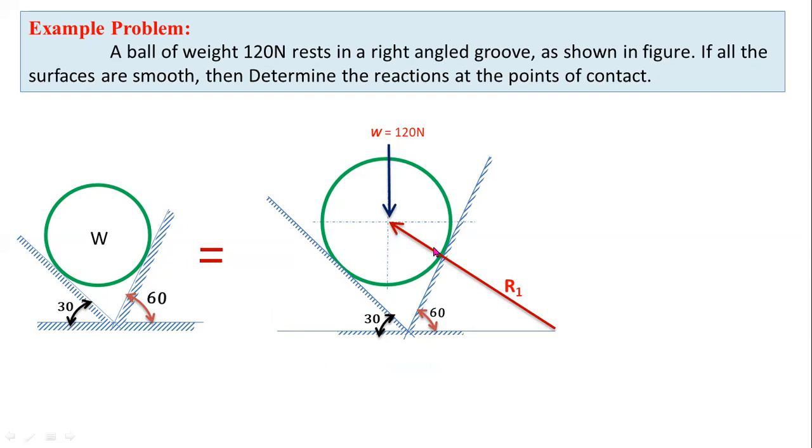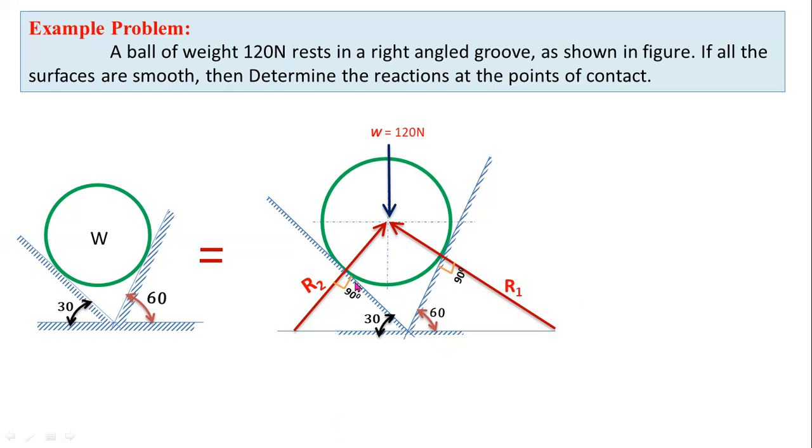This reaction force makes an angle of 90 degrees with respect to this support. And this is reaction force R2, which makes an angle of 90 degrees with respect to this support. Please remember, reaction force always makes an angle of 90 degrees with respect to the supports.